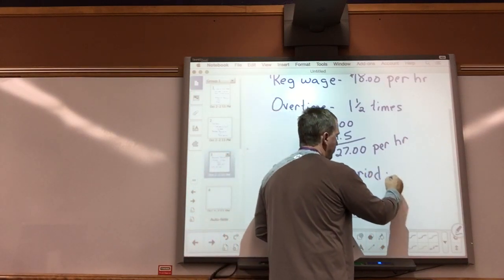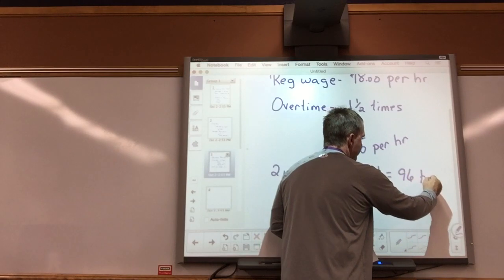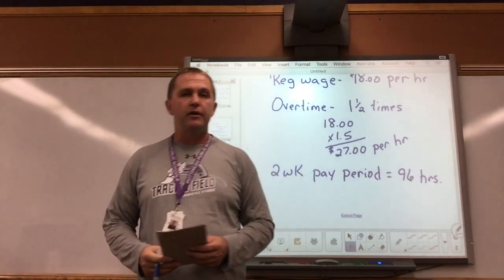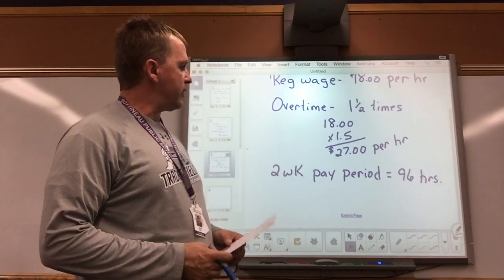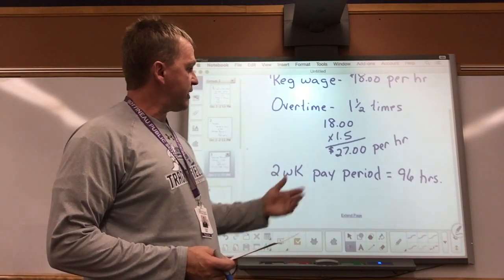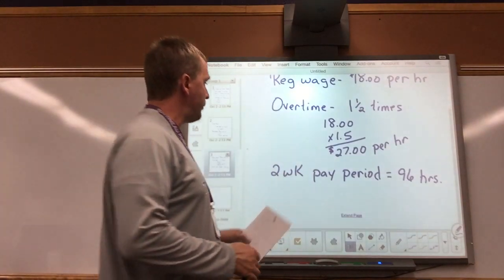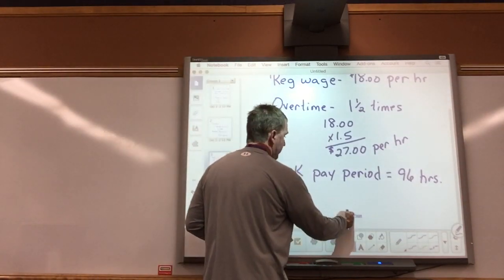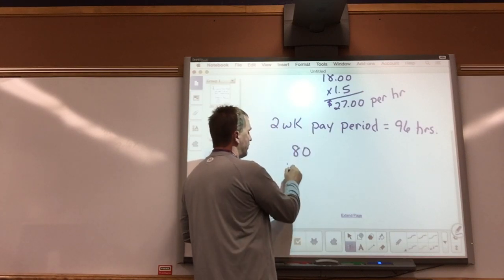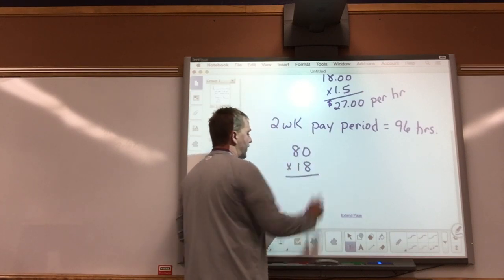And in our 2-week pay period, we're going to use an example of 96 hours is what we ended up with. So in this case, we're going to assume that 80 of those hours will be paid at the regular wage, and the last 16 will be paid at our time and a half. So if we're going to calculate this, I'm going to take the first 80 hours and multiply that by 18.